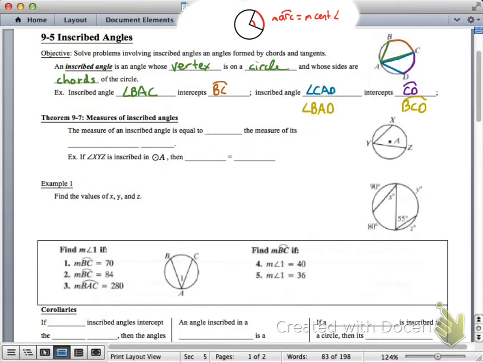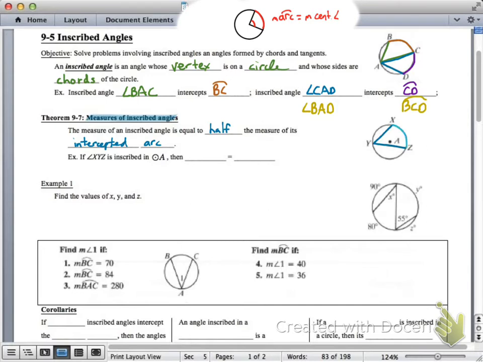Now the measures of the angle. Here's the important part. The measure of an inscribed angle is equal to half the measure of its intercepted arc. Whereas for a central angle, the angle is equal to the arc. For an inscribed angle, it's equal to half the measure of the intercepted arc.